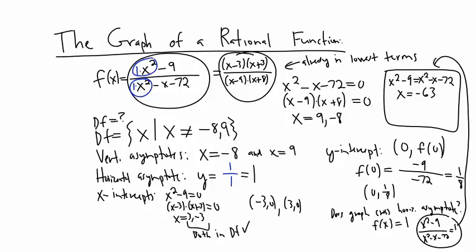We check. So it does. It crosses at the point. We have the point on the graph, minus 63, comma, positive 1.